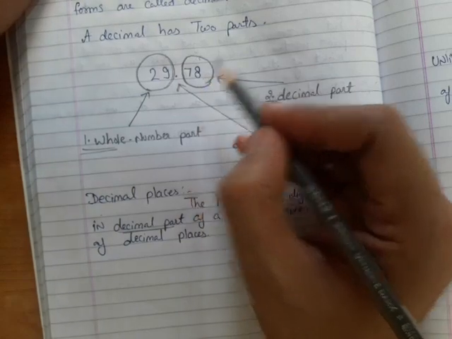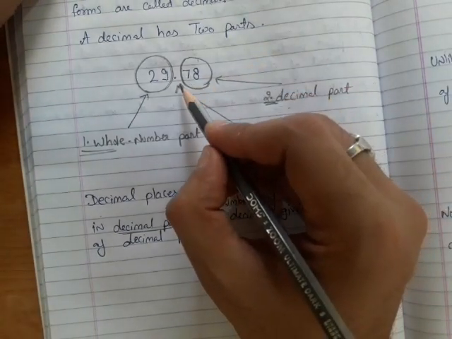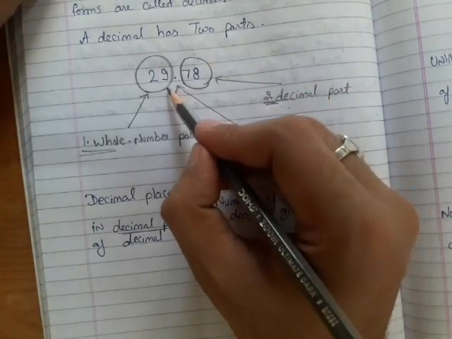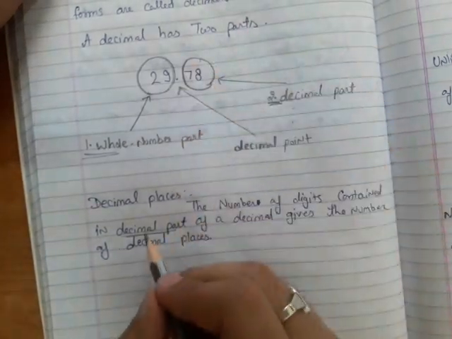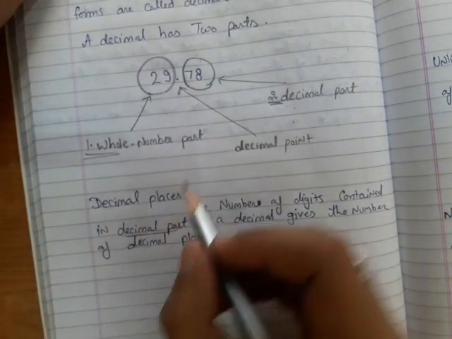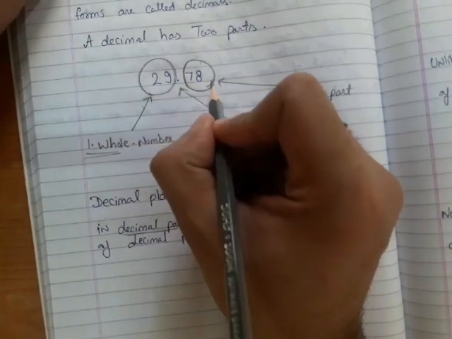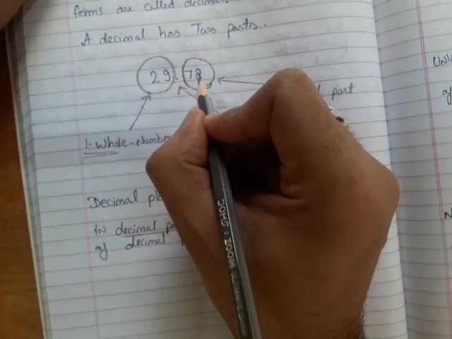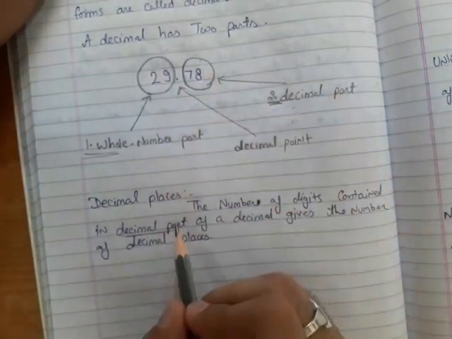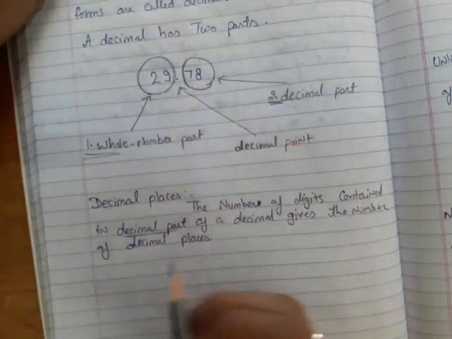So we can conclude that the number of digits after the decimal point is my decimal places. So here in this example 29.78, there are two digits after the decimal point, so the number of decimal places is 2.